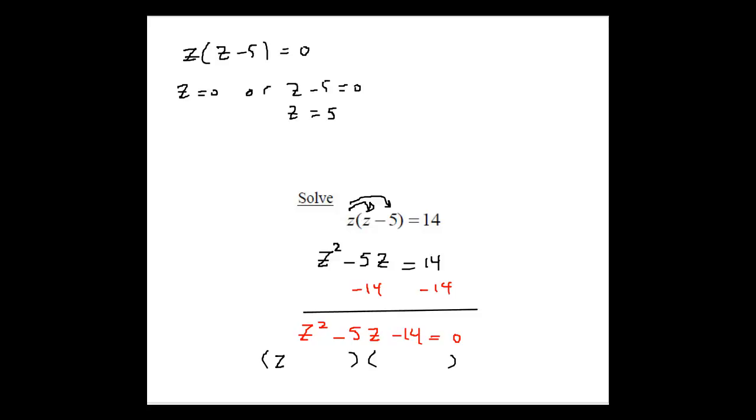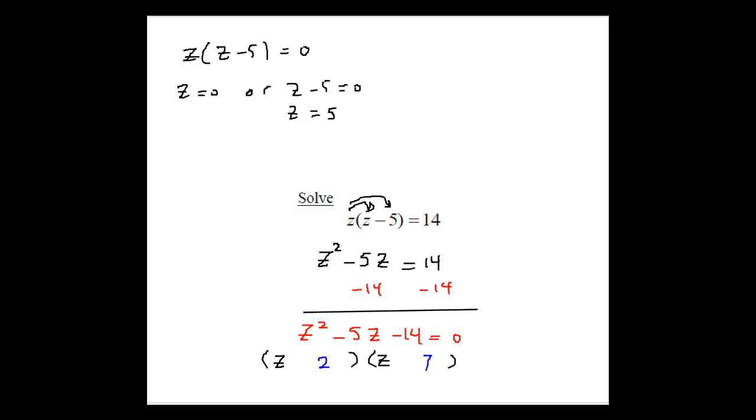Now for z squared it would be z and z. What are you going to select for 14? We have 1 and 14, then 2 and 7. Which one would add up to 5, do you think? 2 and 7. Good, 2 and 7.